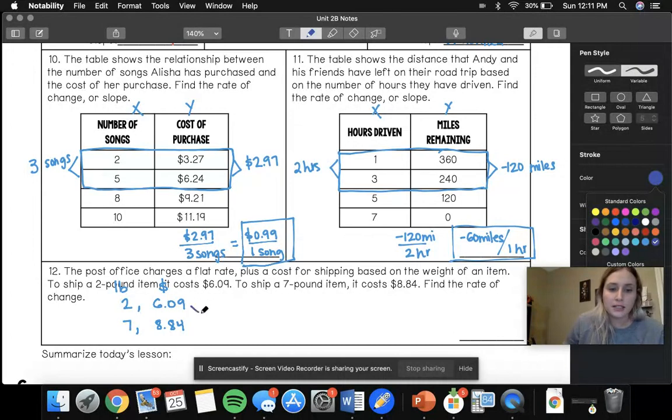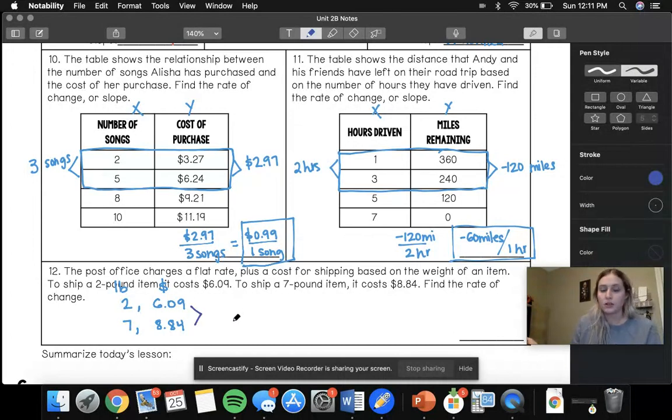So I'm just going to find the difference in the money. How do I go from $6.09 to $8.84? I'm going to do $8.84 minus $6.09, and I get $2.75. Then I'm going to find the change in the pounds. We go from 2 to 7 pounds by adding 5 pounds.